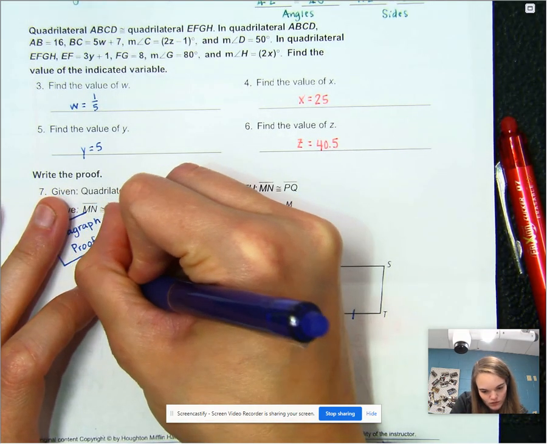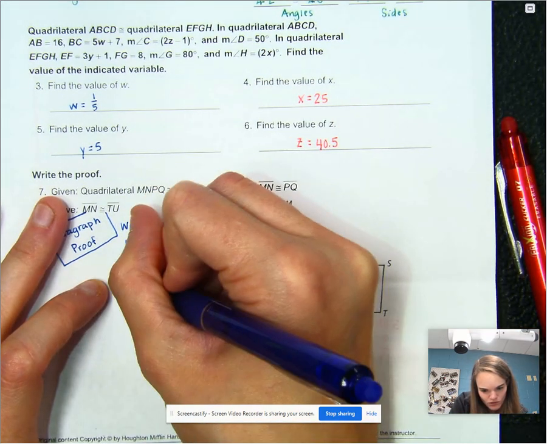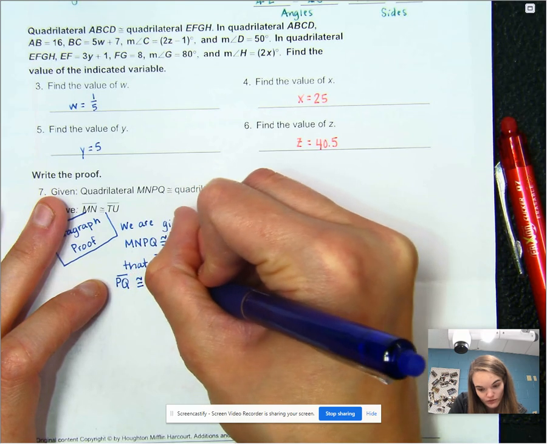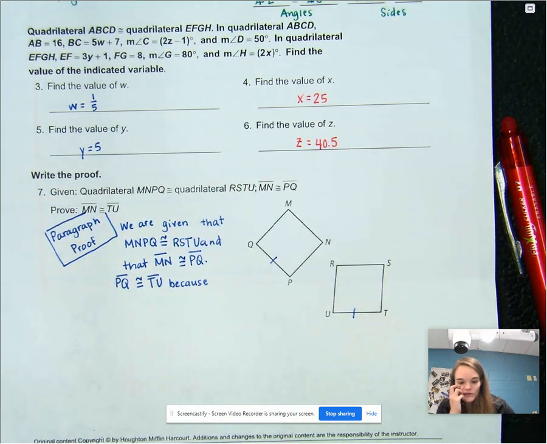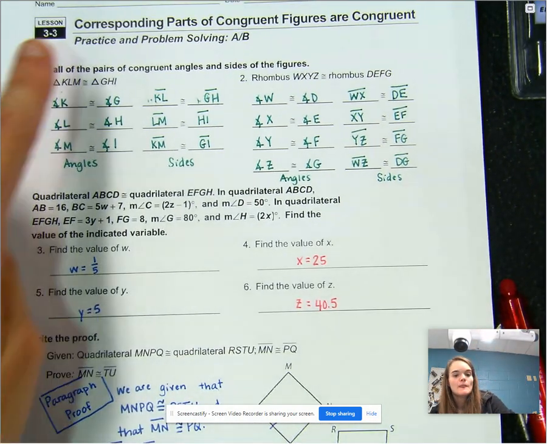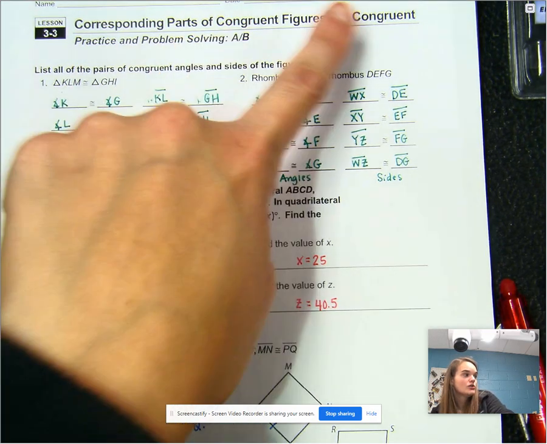PQ is congruent to TU. We have to tell why, though, because why are they congruent? I'll tell you why, because you don't know yet. Here's why they're congruent. In a figure, corresponding parts are congruent.